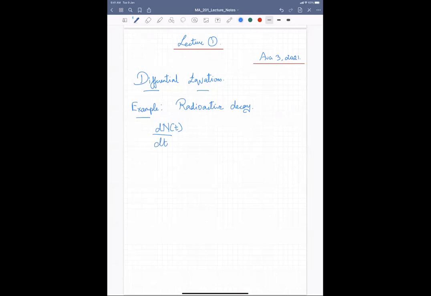And then you posit that the rate of decay is going to be more if I have more stuff that is present. The rate of decay is going to be less if I have less stuff that is going to be present. So as a zeroth order approximation, the way I can understand the system is if I say that the rate of decay is actually proportional to the number that is already present.